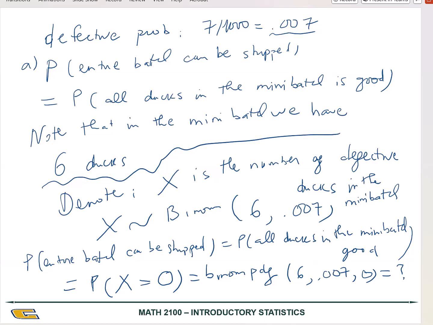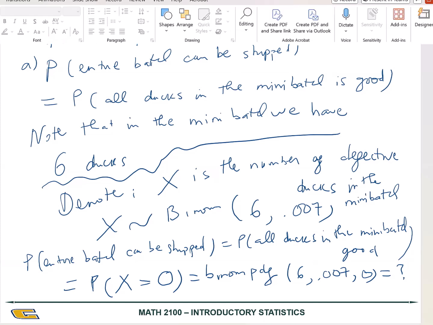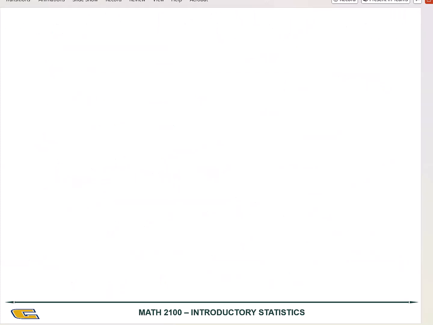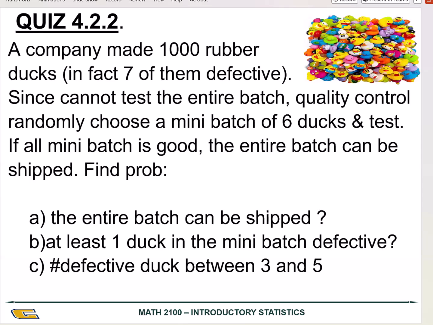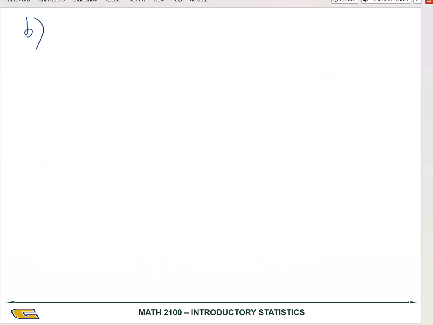And for part B, let me insert another slide. Part B: find the probability that at least one duck in the mini batch is defective, at least one event, right? Which is probability X at least 1, where at least one duck is defective, right?